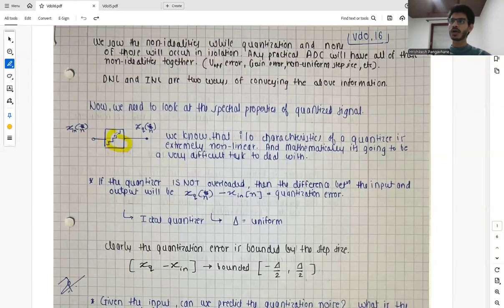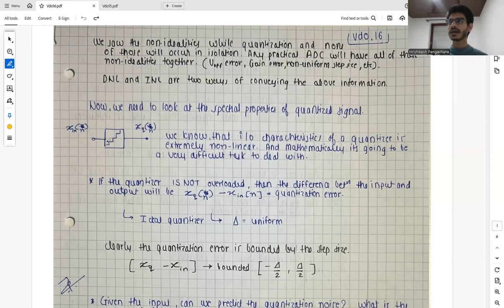So let's imagine the quantization process in a box. This is how we define a system of quantization, like every system. So let's say we have x in a sequence at the input of a quantizer, which is continuous in amplitude but discrete in time. And then we are getting a signal xq, which is quantized in amplitude. So this is discrete in time as well as discrete in amplitude.